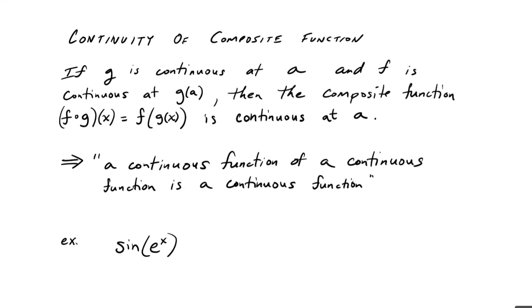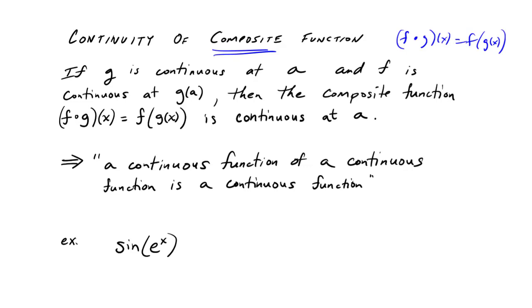Furthermore, we know that a very important way of combining functions is putting one into the other. So a composite function. If you remember, f composed with g of x is f of g of x. So what happens if we take one continuous function and put it into another?